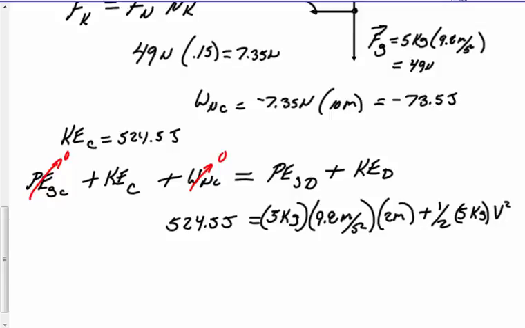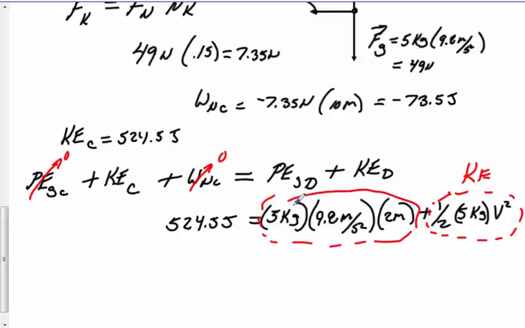Again, this value right here is nothing more than my kinetic energy. This is my kinetic energy here. This is my gravitational potential energy here. And again, I'll put that at D and put that at D.